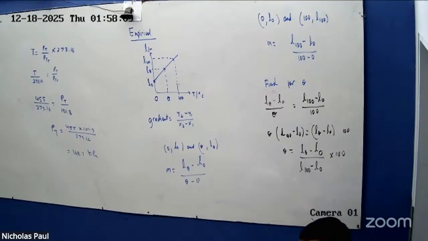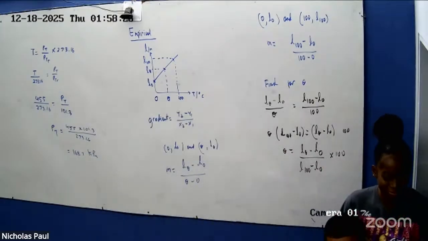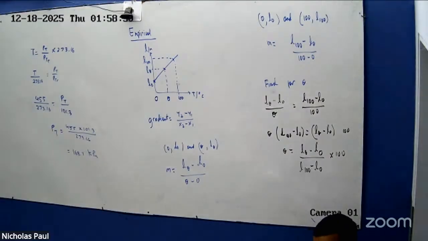Try this one now. A constant volume gas thermometer has pressure at 0 degrees Celsius equal to 92 kilopascals, and at 100 degrees Celsius, pressure is 148 kilopascals.